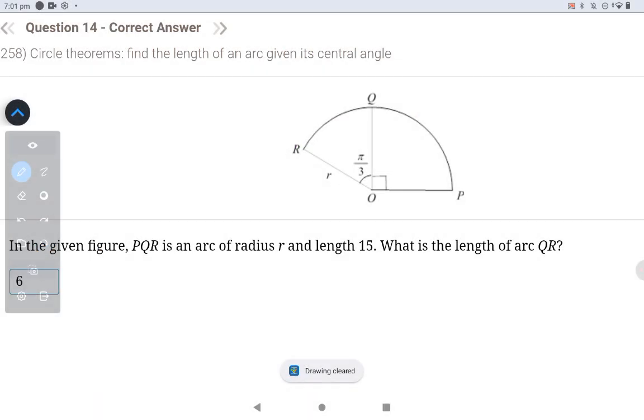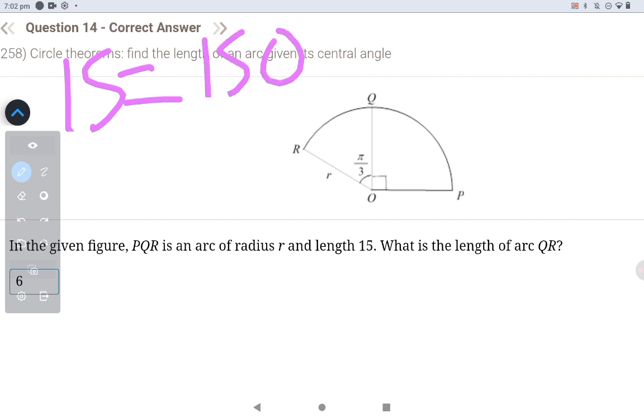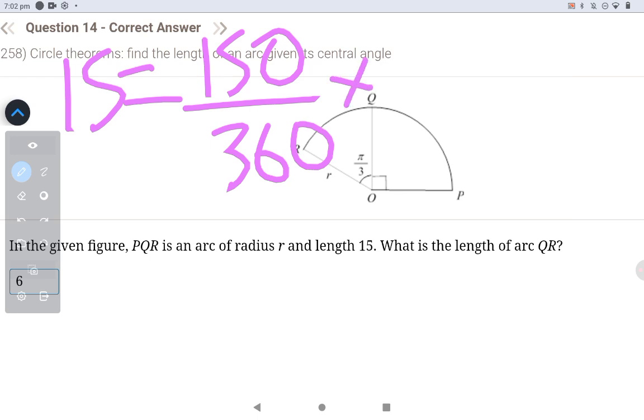But we're going too far ahead of ourselves, so let's see. Now, we know the formula for the length of a sector. So 15 is equal to theta over 360. We found the angle of the whole thing to be 150, so 150 over 360 multiplied by 2 pi r.